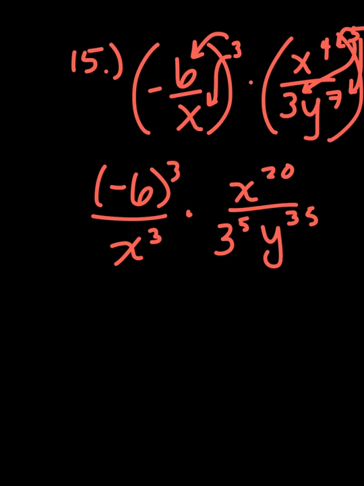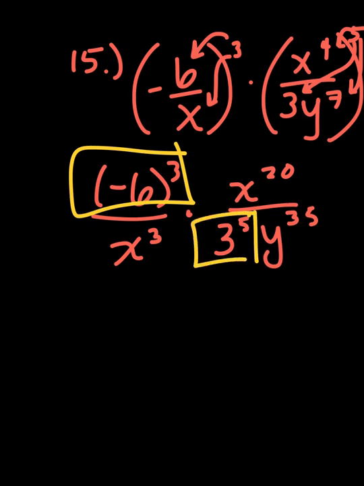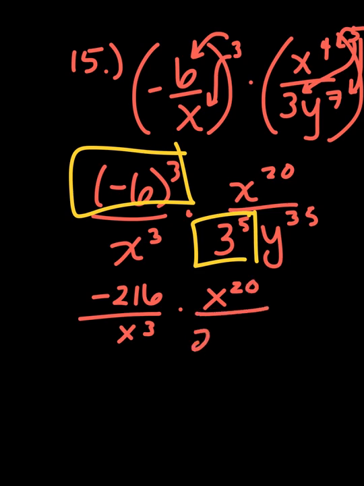When I simplify negative 6 to the third and 3 to the fifth, I get negative 216 over x cubed times x to the 20th over 243 y to the 35th.